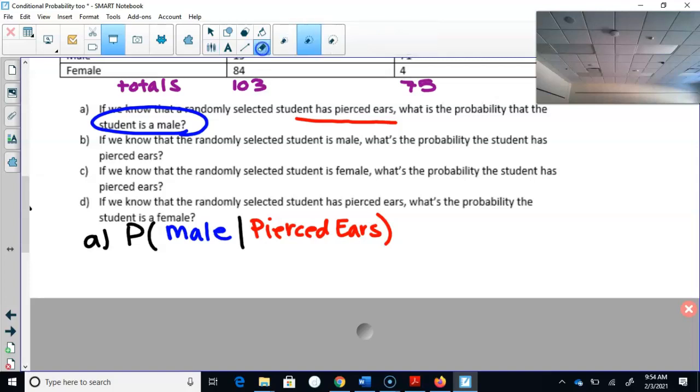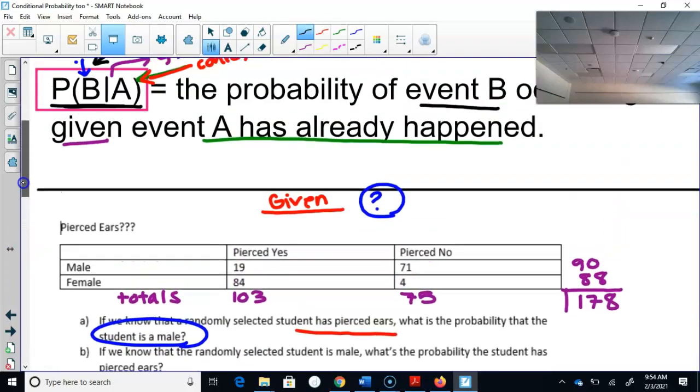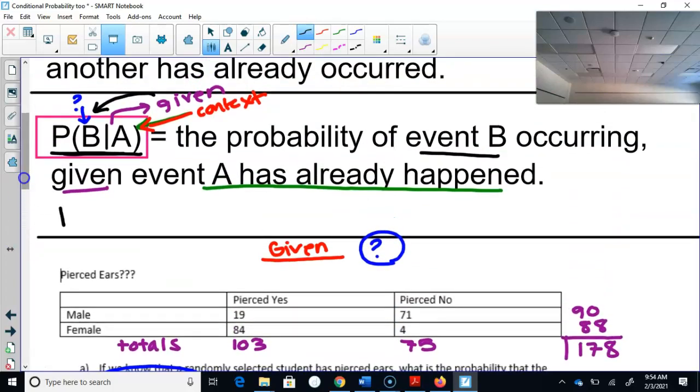Okay, now how do I do this? Listen carefully. There's a formula for it, but that formula can confuse people sometimes, so it's much easier if you listen to me. But before I do that, I do want to show you the formula. When I figure out the probability of B given A, we think of this line right here as our fraction bar.